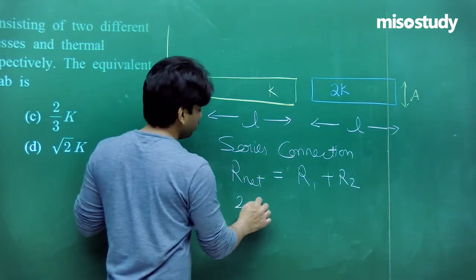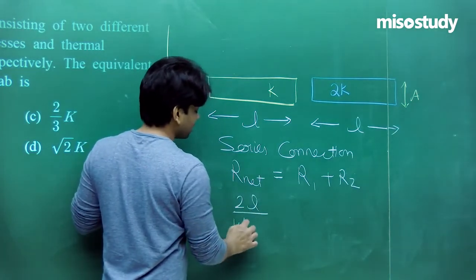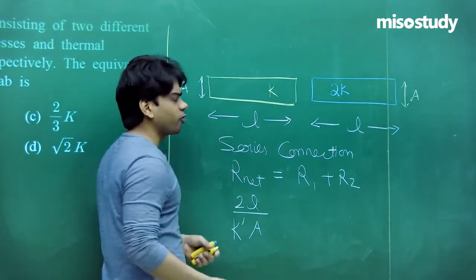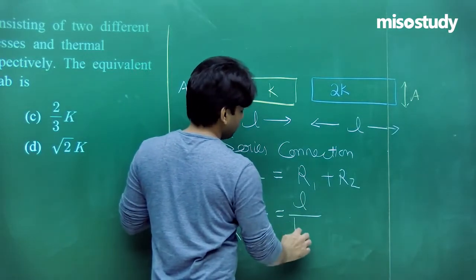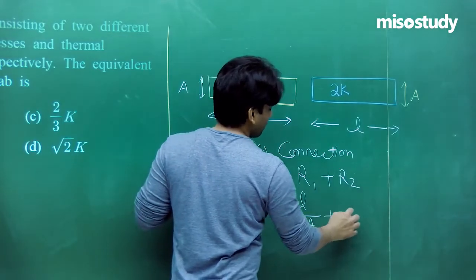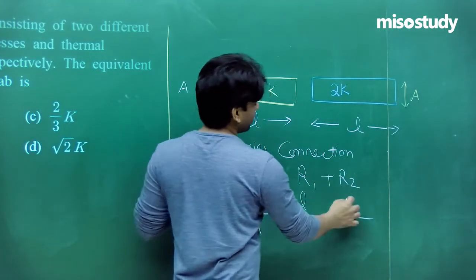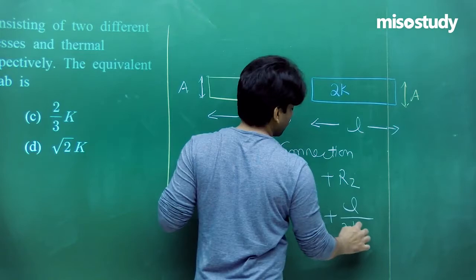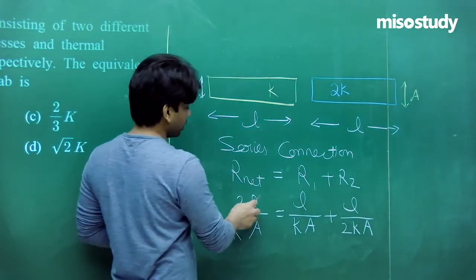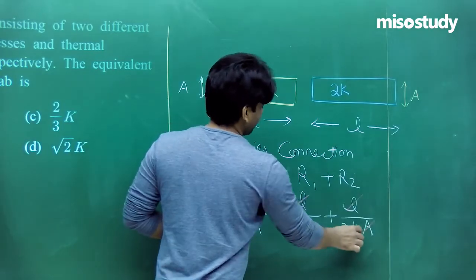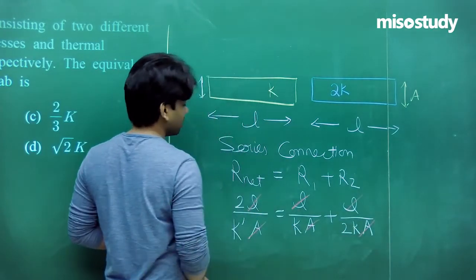The length will be 2L. Let's say K dash is the new thermal conductivity, and A is the area of cross section, which will remain the same. R1 will be L by KA plus R2, where the length will again be L and the thermal conductivity is 2K into A. You see what terms can be cancelled out: L and A can be cancelled.